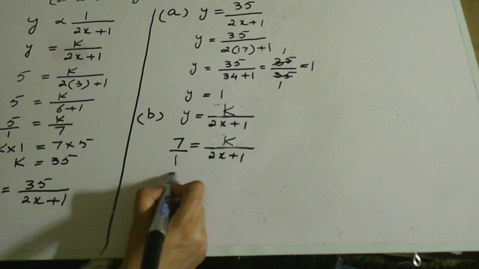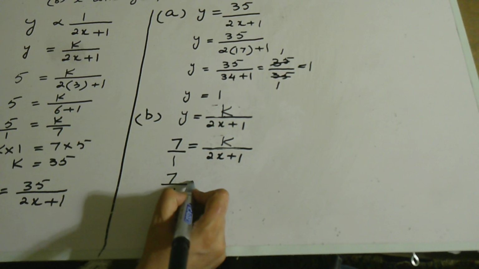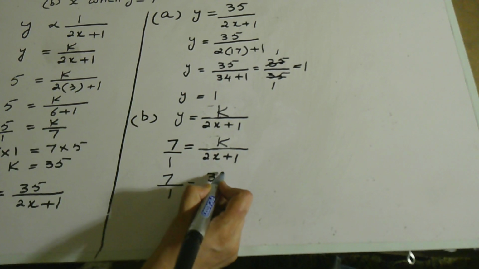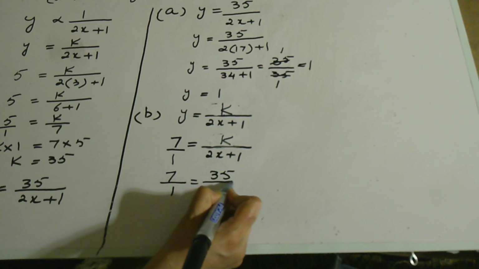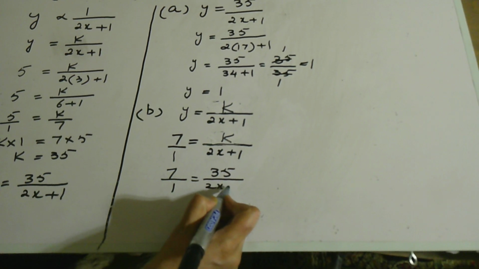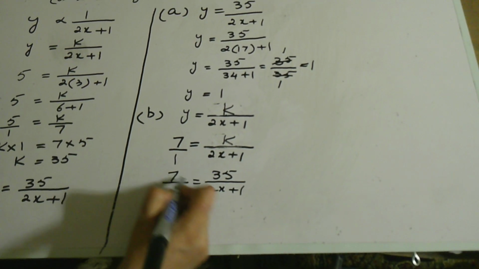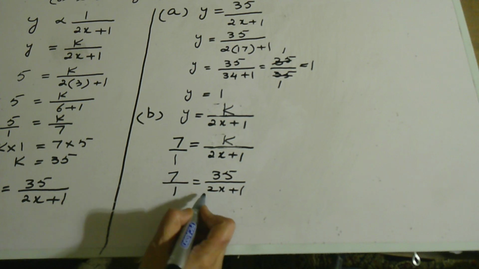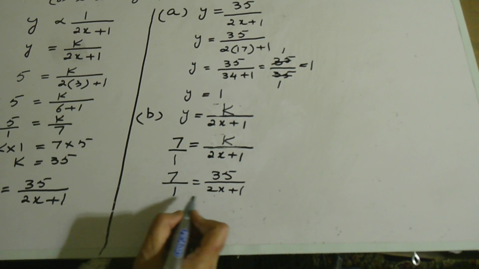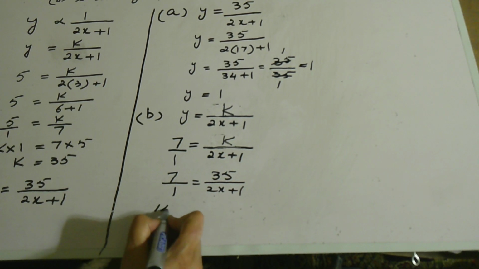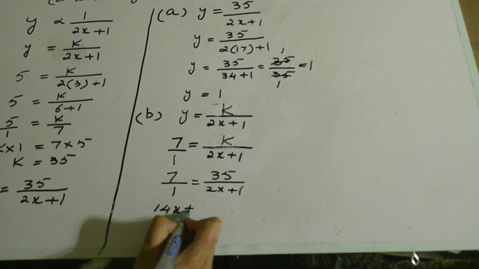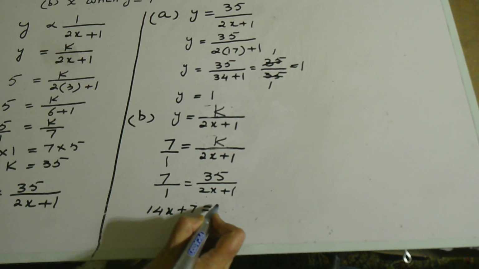Now you know the value of k is equal to 35, so I am writing over here 35 over 2x plus 1. Do the cross multiplication. 7 will be multiplied by 2x plus 1, which is equal to 14x plus 7 is equal to 35.